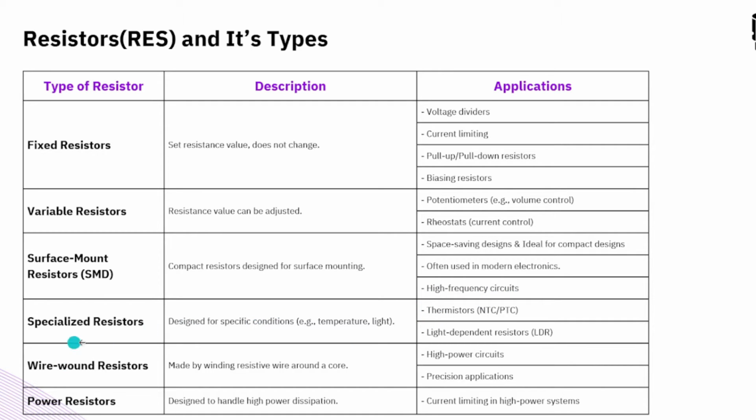Then you have specialized resistors like thermistors, as I mentioned: NTCs, negative temperature coefficient, and positive temperature coefficient, used as temperature sensors. Then you have LDRs, which are light dependent resistors. Wire wound resistors are used for high power circuits and precision applications. Then you have power resistors, which are used for current limiting in high power systems.